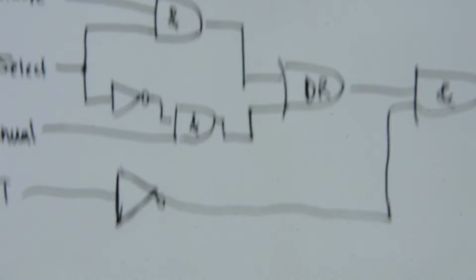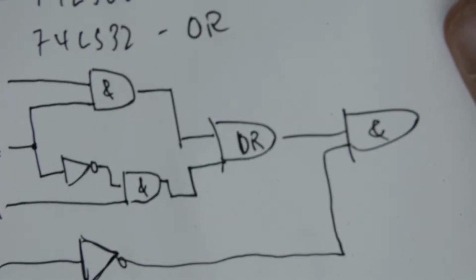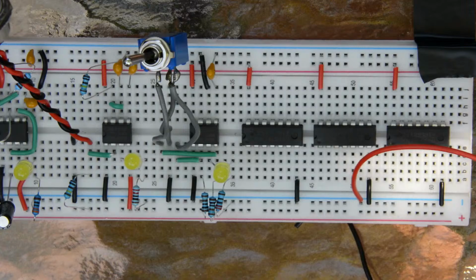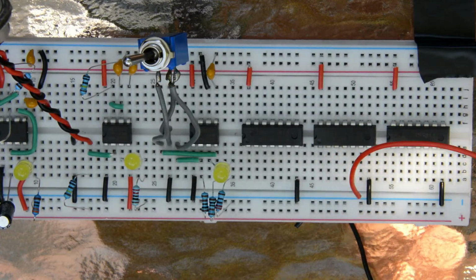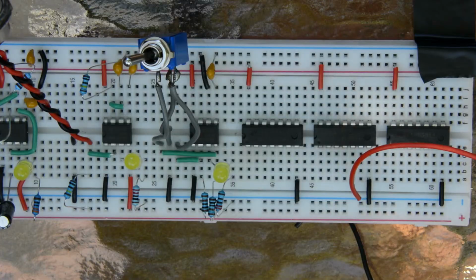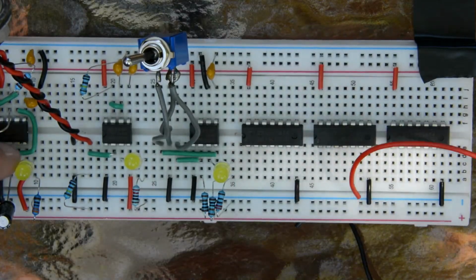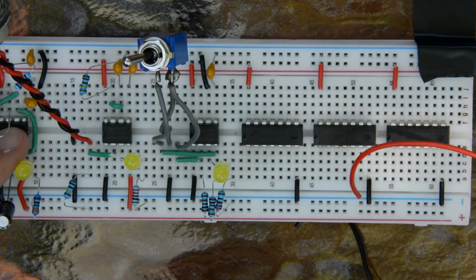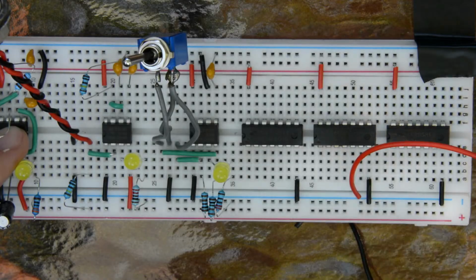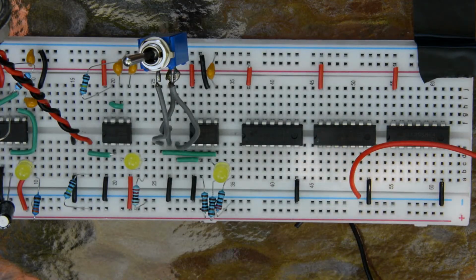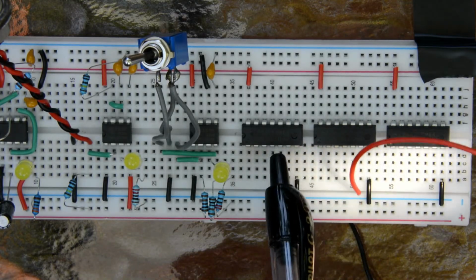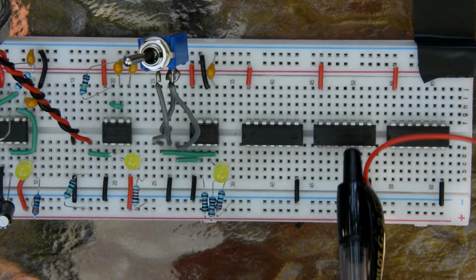Okay, so we have the schematic written down. So the first thing we're going to do, we're just going to do this step by step. I will confirm with him, but the first thing we want to do is take the output of the astable. We need to remember that this is the NOT, this is the AND, and this is the OR.